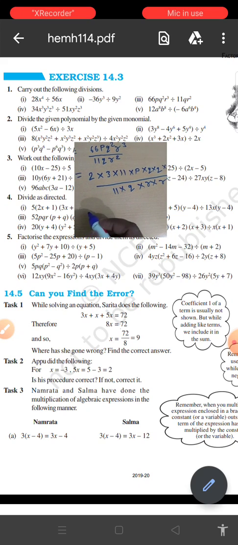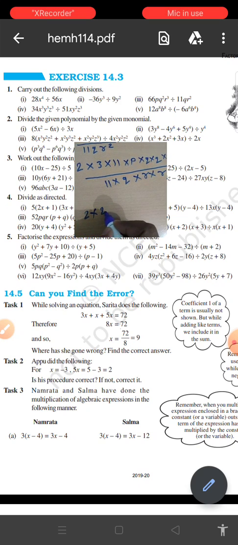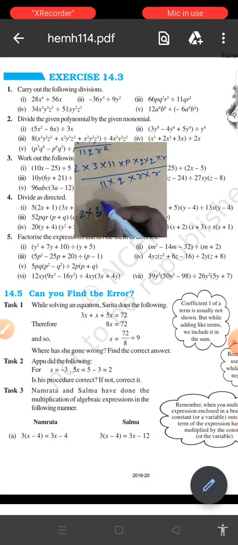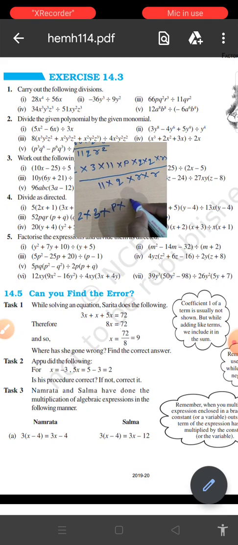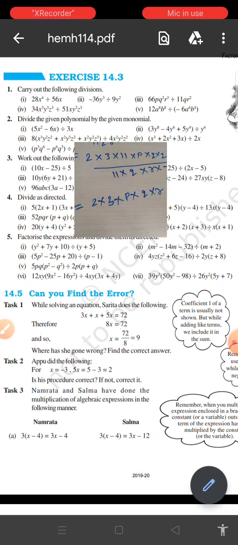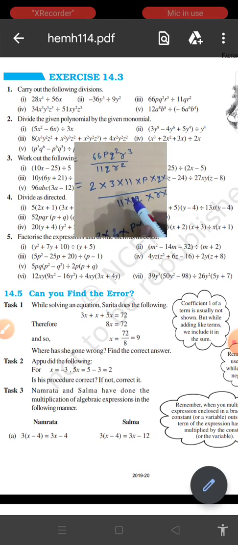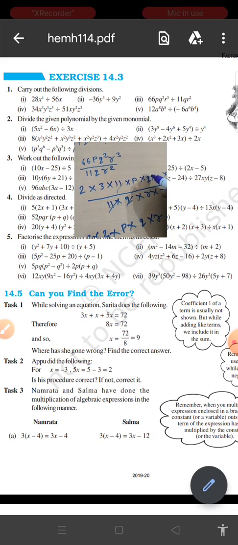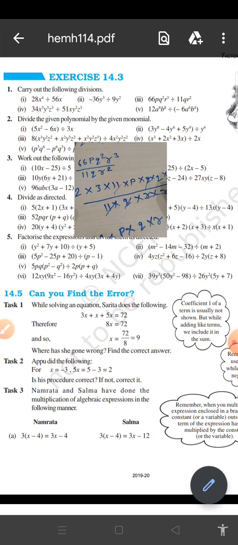So let's see, our required result becomes, we obtain 2 into 3 into p into q into r. Okay, so this is our required result. Here you can cancel 11 by 11, q by q, and r cube by r square, how many r's? 2 r's.